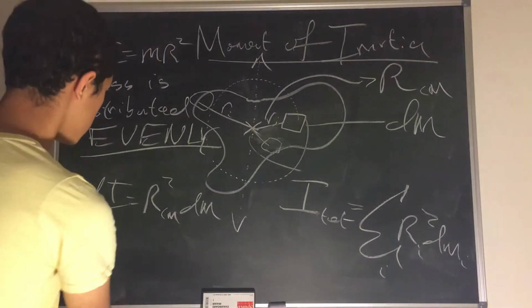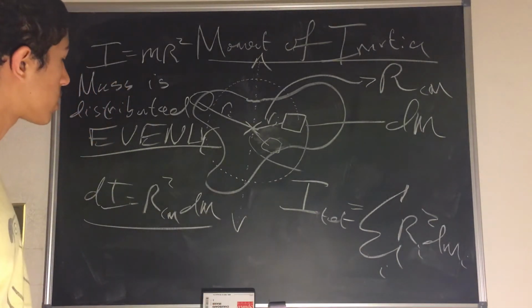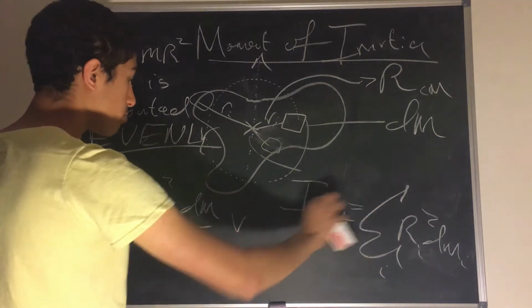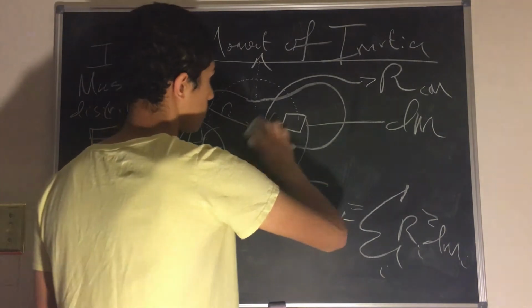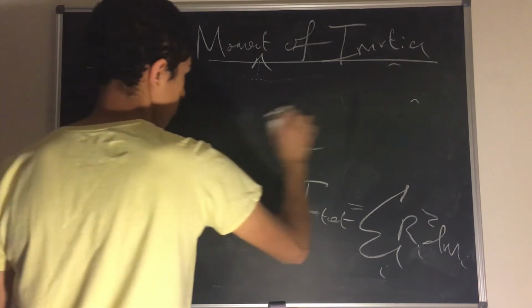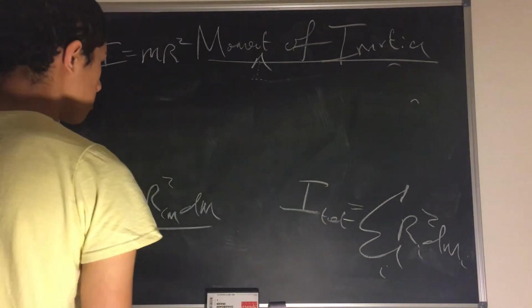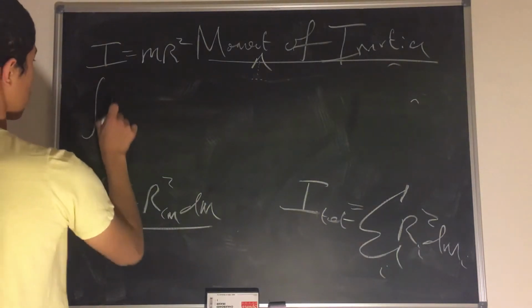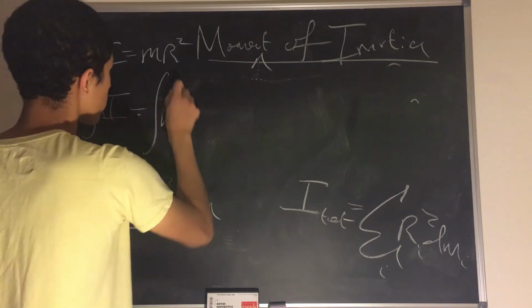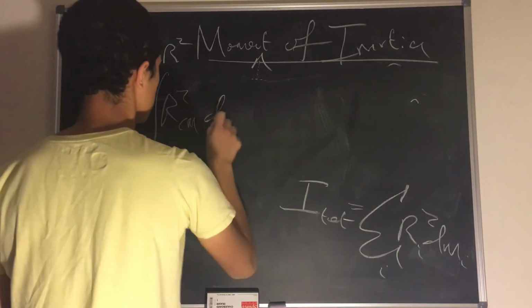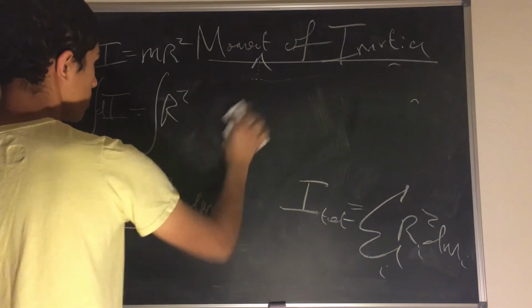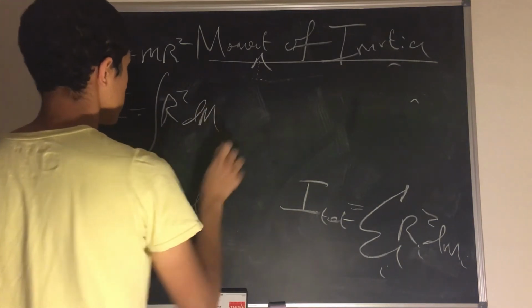And this is actually easier to see using this equation that we wrote here, dI is equal to r_CM squared dm. So all we must do is take integrals on both sides of both of these equations, and let's actually erase our picture here. So if we integrate both sides, then for this side we have integral dI is equal to integral r_CM squared dm. And let's just abbreviate this to r squared. So it becomes integral r squared dm.